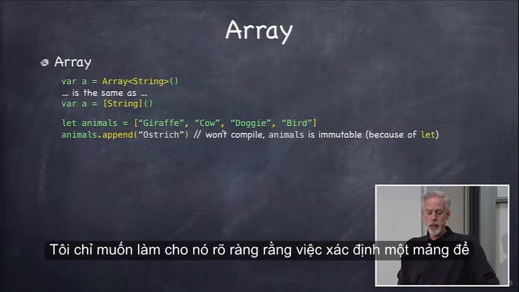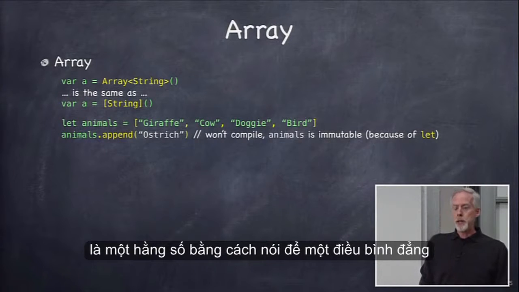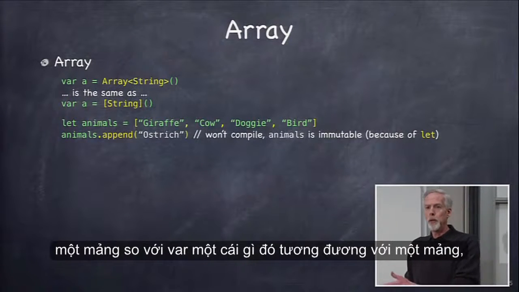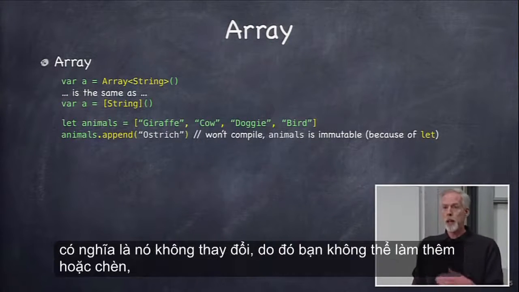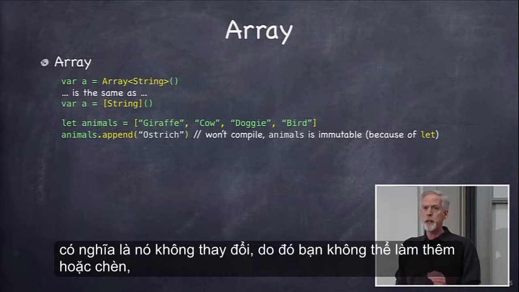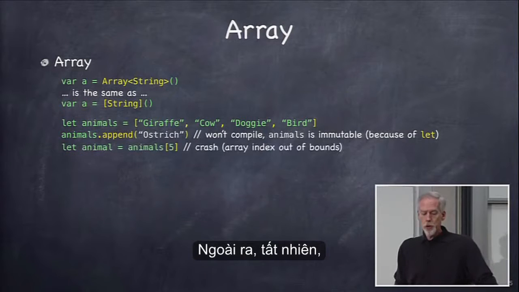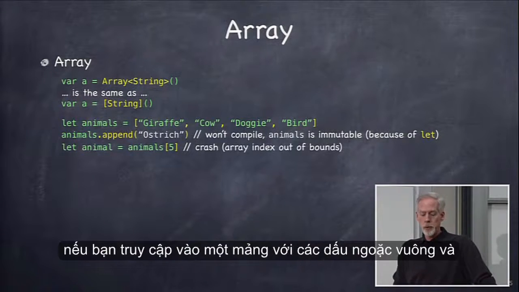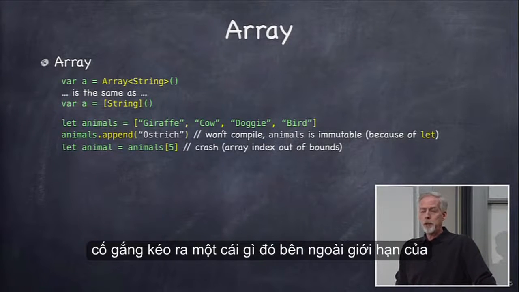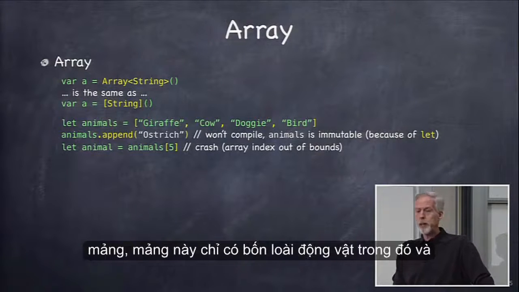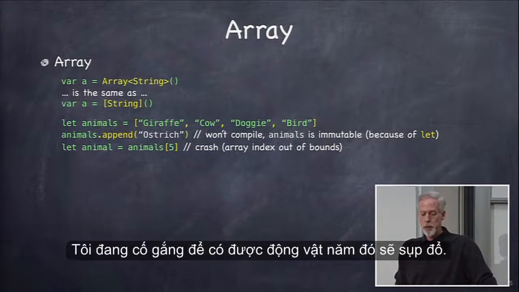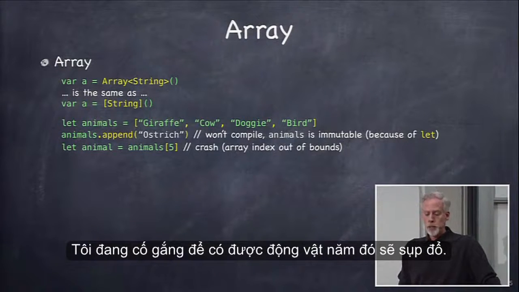I just want to make it clear that defining an array to be a constant by saying let something equal an array versus var something equal an array means that it's immutable. So you can't do append or insert or anything else that you could do on a mutable array. Also, of course, if you access an array with the square brackets and try to pull out something that's outside the bounds of the array, this array only has 4 animals in it and I'm trying to get animal 5, that's going to crash.